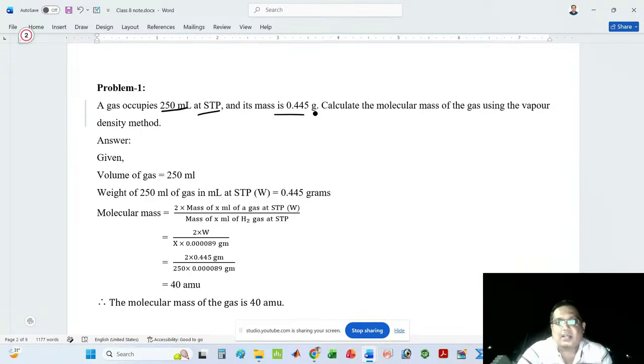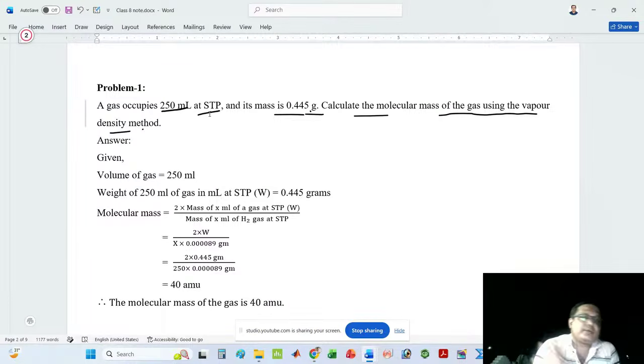Calculate the molecular mass of the gas using the vapor density method. For every problem, the first step is to write the data given. So here I can write what are the given data.